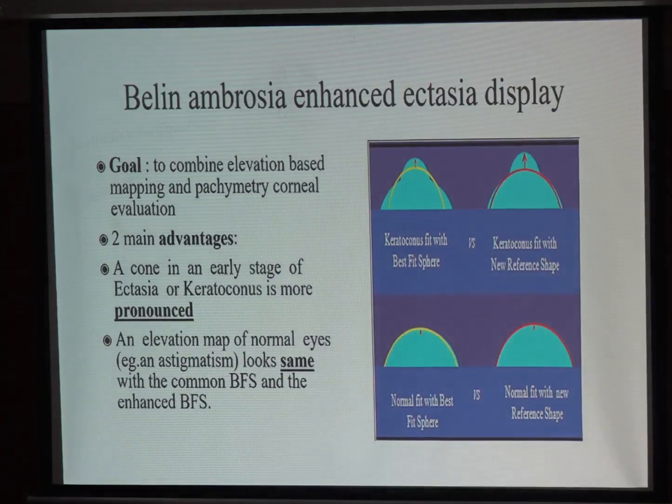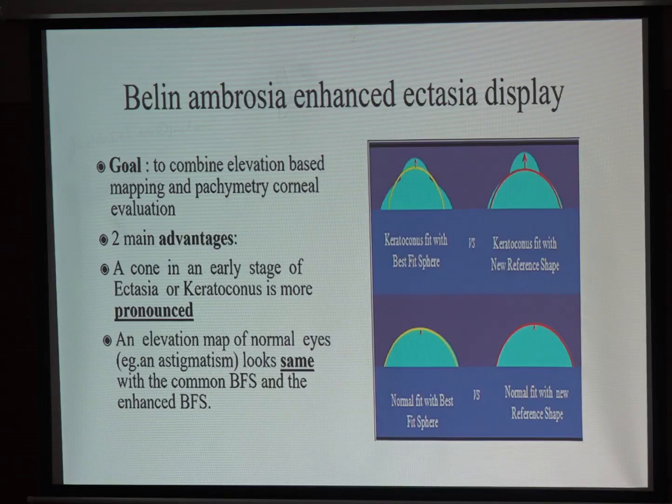Now in the Pentacam, you have another display which is being widely used nowadays for your refractive surgeries, before your refractive surgeries, and for diagnosing the early stages of keratoconus, which is known as the BAD display or the Belin-Ambrosio Enhanced Ectasia display. It is based on the principle of the enhanced best fit sphere, right?